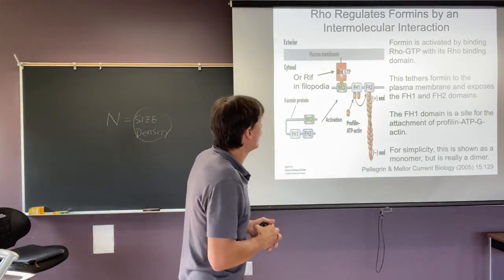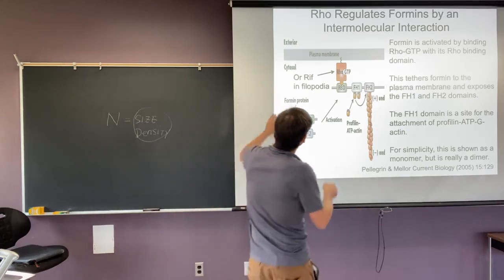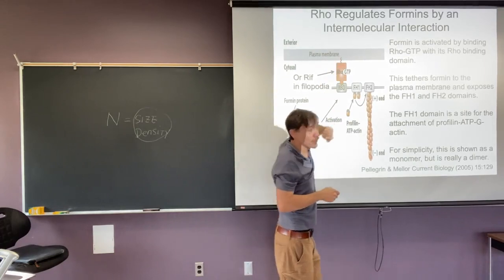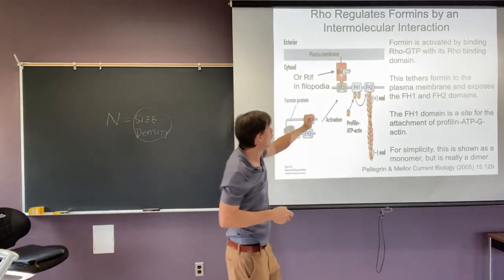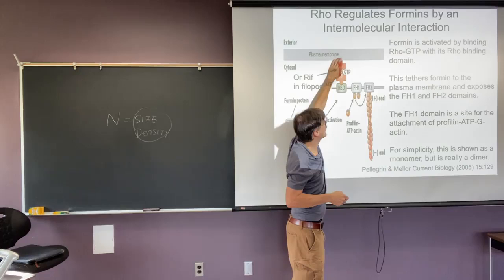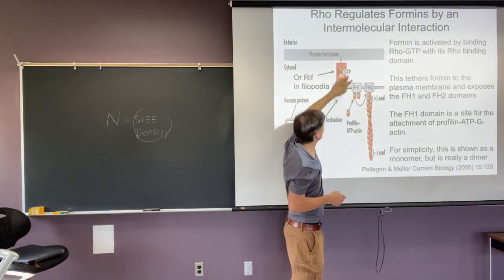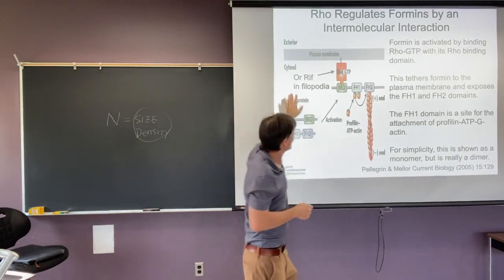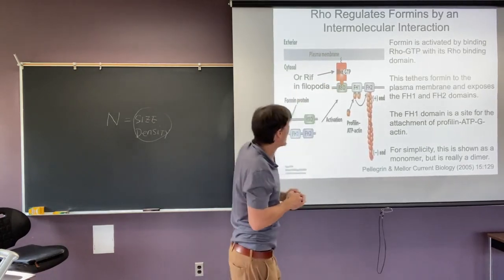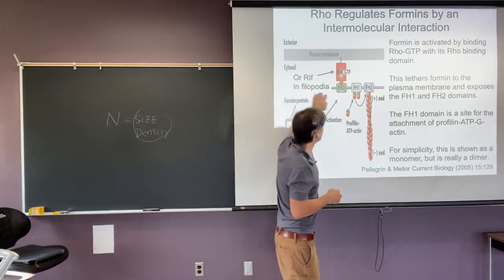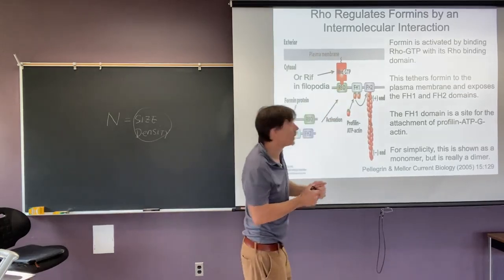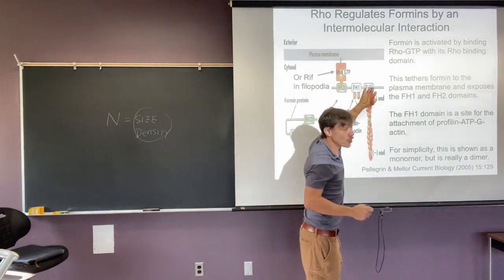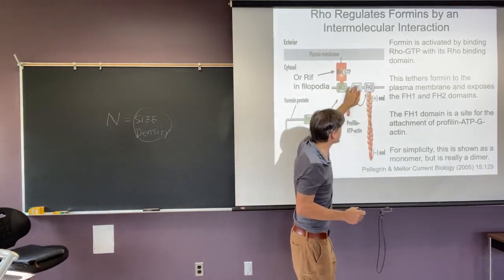All right, so we've got our plasma membrane up here, and this little curly line is going to be a hydrophobic region that's going to allow this to bind to the plasma membrane. When GTP is bound with this, it's going to bind to profilin, and it's going to open up the profilin, and it's going to allow these different domains to interact with the actin filaments and the G-actin.